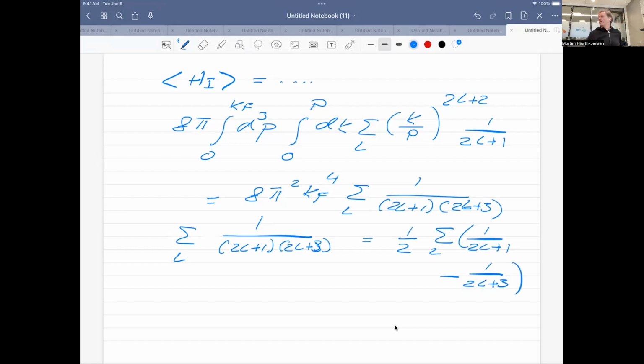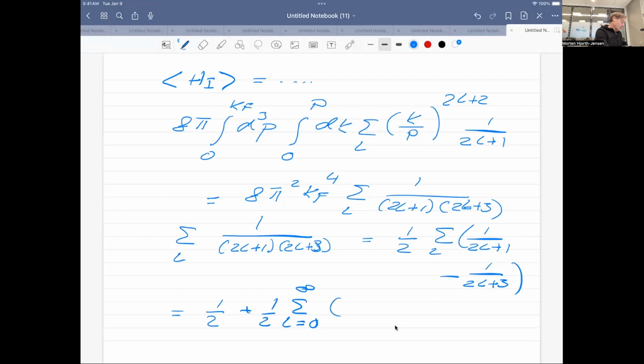It's actually not so difficult to see: if you just perform the subtraction of these two terms, you will get back the previous one. And these are quantities which we can sum up. So if we rewrite it as 1/2 plus 1/2, and then a sum from L equals 0 to infinity, the sum runs up to infinity.